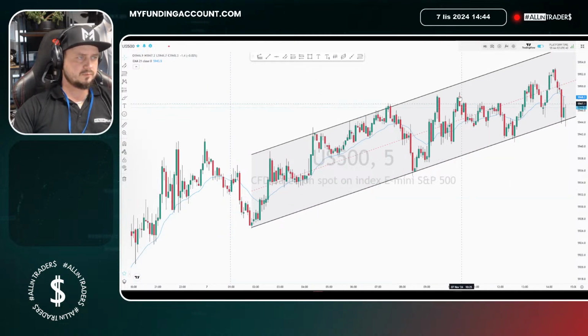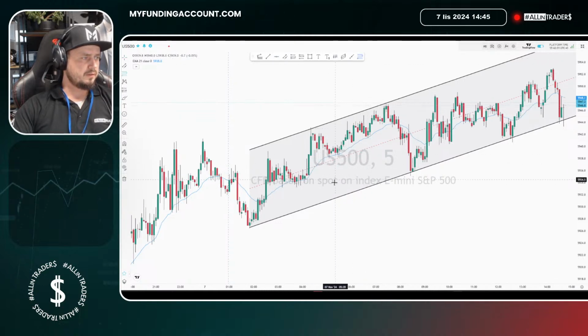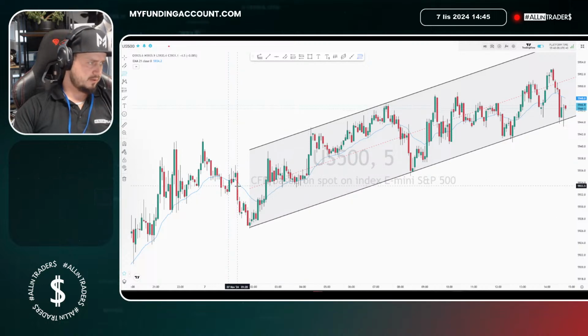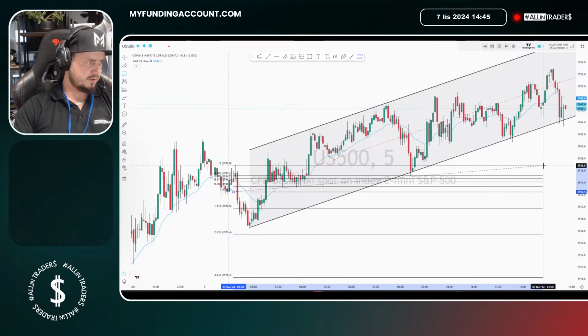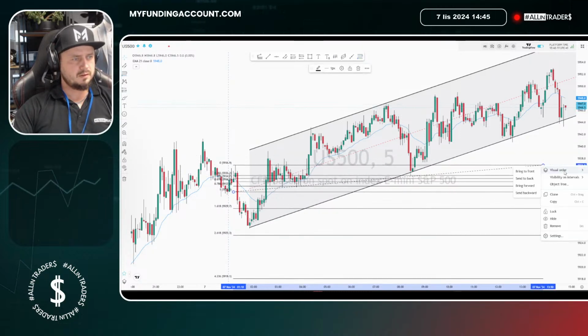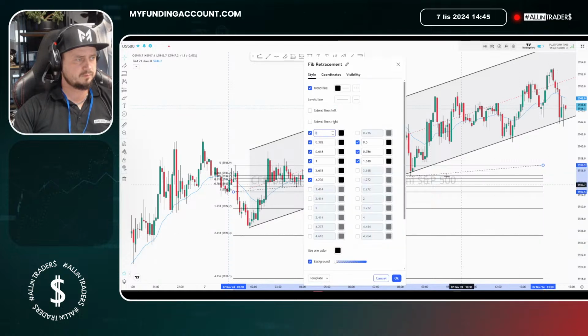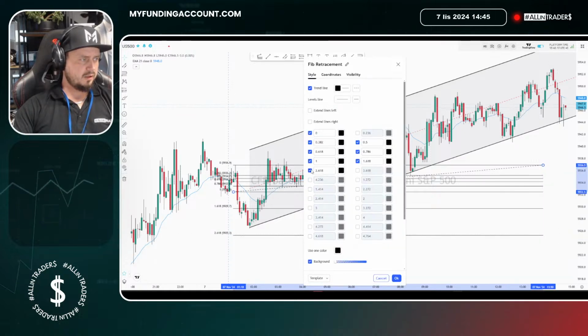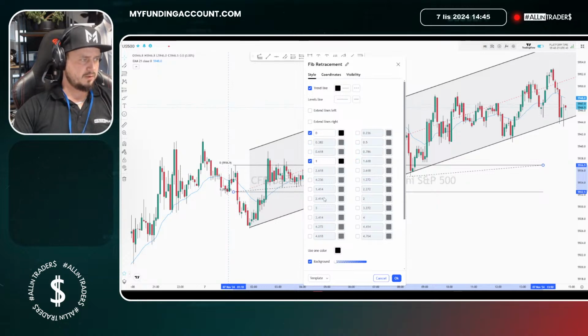And one more thing I want to check before we check where is the first leg, second leg, and stuff like that. First swing, it's over here. Okay, let me just remove those levels. And we're gonna add some extra levels.